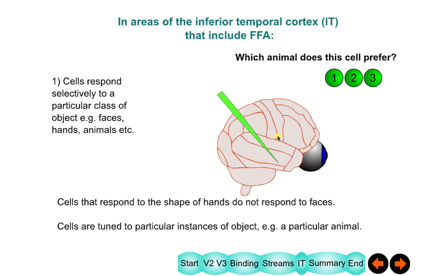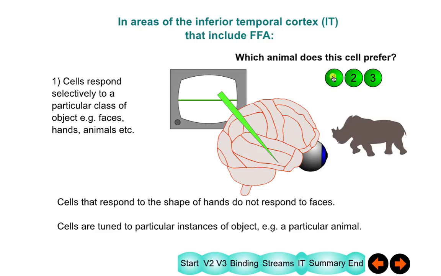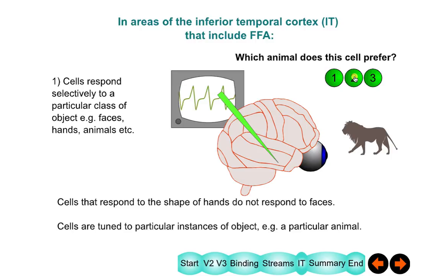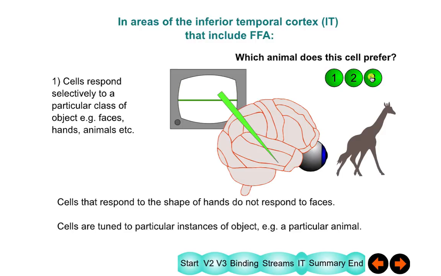Okay, so in the inferior temporal cortex, including FFA, you have cells that are looking for particular things. So this cell doesn't like rhinoceroses, likes lions, doesn't like giraffes.